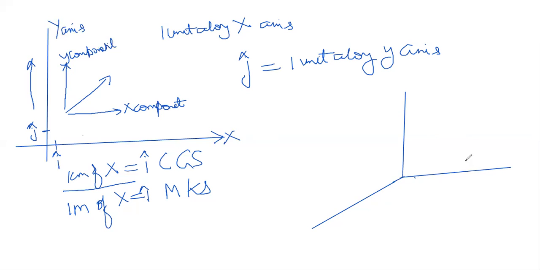Now this is my x-axis. It will have its own negative x-axis also. This is my y-axis. It will have its own negative y-axis downwards. Is it looking like a three-dimensional figure?